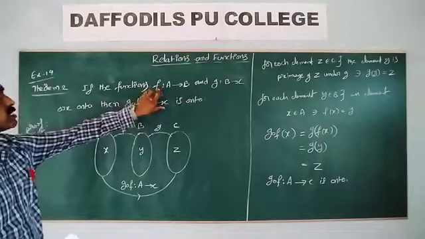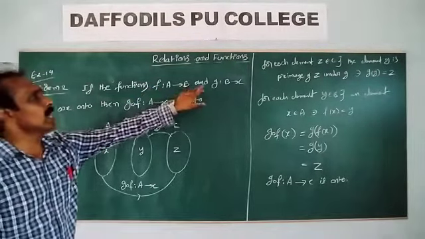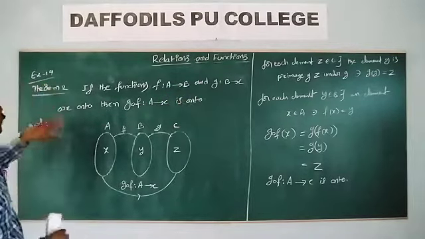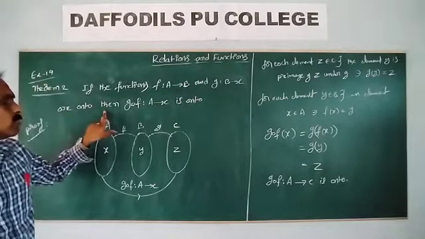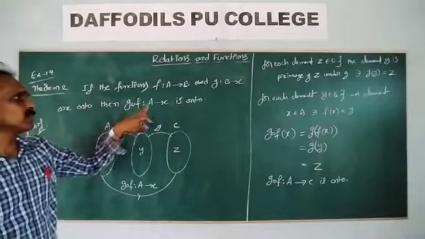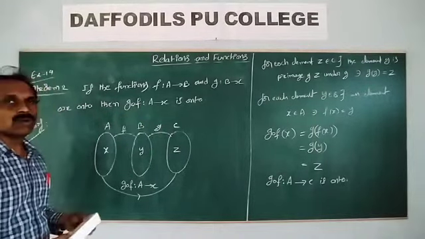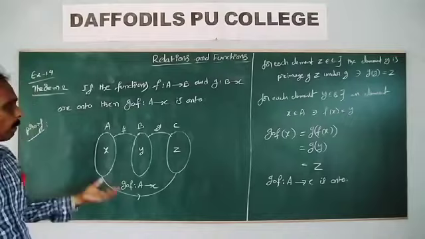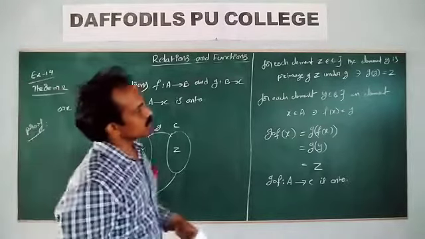Okay, given, what is the given? If the functions f maps A to B and g maps B to C are onto, then g circle f maps A to C is also an onto function. By the diagram. And what is the definition of onto?